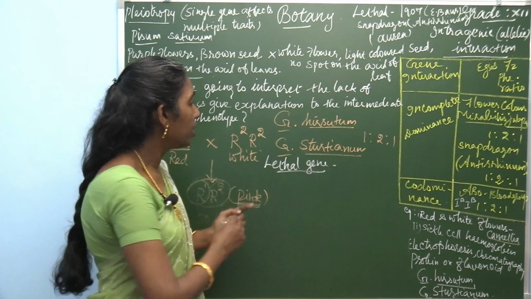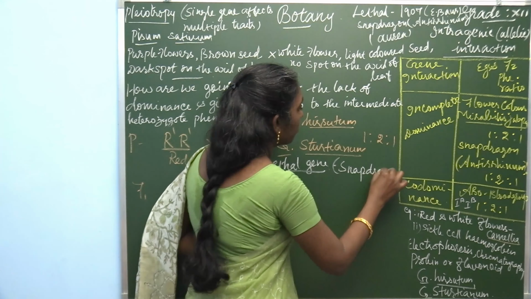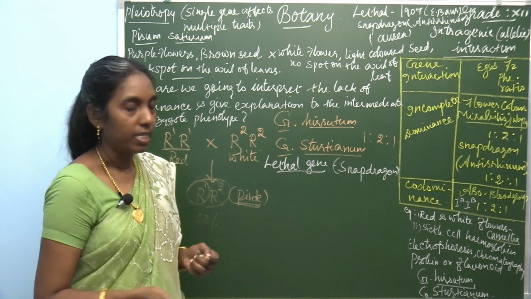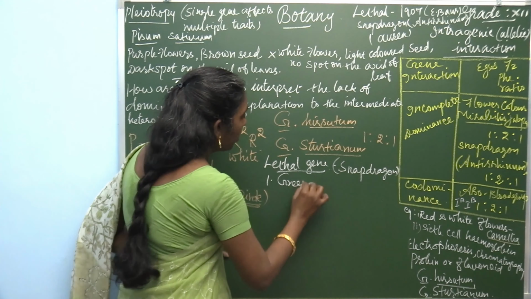Here the example is Snapdragon. In Snapdragon, it produces 3 different types of plants. The first type is the green plant, which has the alleles capital C, capital C. This green plant has chlorophyll pigment.